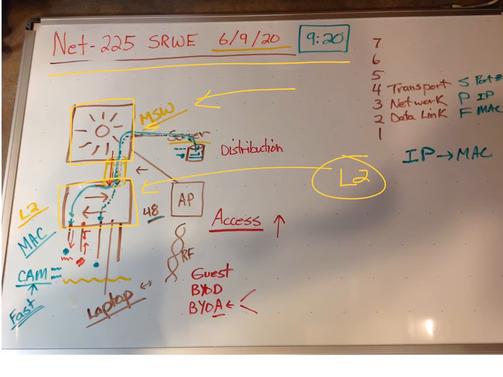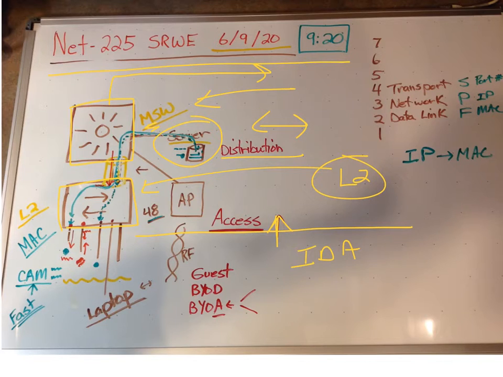And then we talked a little bit about how they layer this. We have access. We talk a lot about access in information data assurance. And then distribution. So here's how people get in, and then here's how the traffic is distributed. For example, maybe going to a server, or eventually going out to another network or the internet.